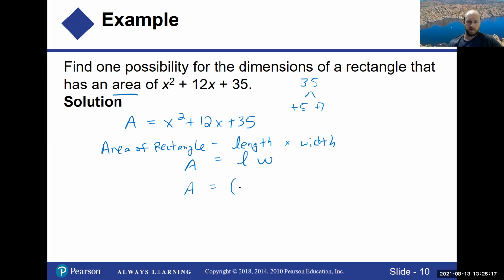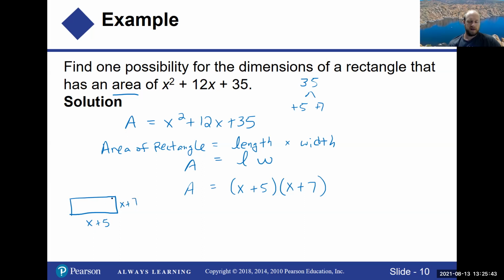So one possibility for the length could be x plus 5, and the width could be x plus 7, or vice versa. So if I have a rectangle with an area of x squared plus 12x plus 35, a possibility for the length could be x plus 5, and for the width x plus 7.